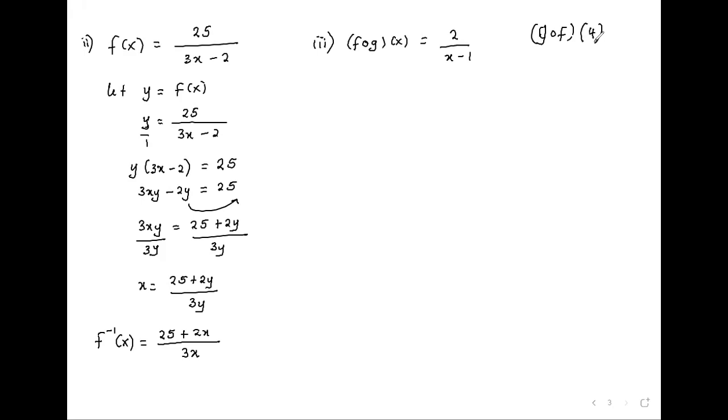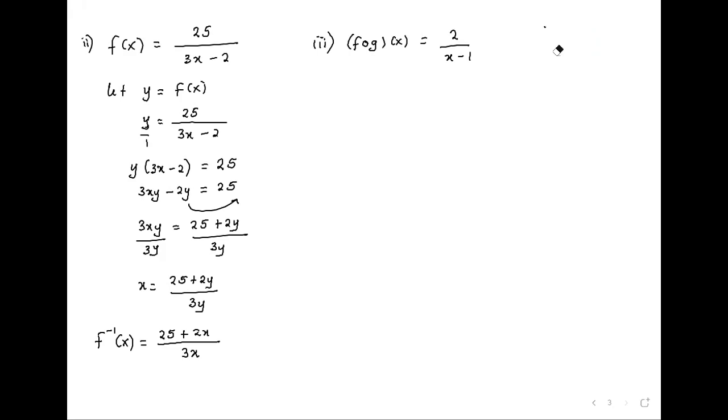You have two ways. You first find g of f, then substitute 4. Or you substitute 4 in f, then substitute that number in g. And that was so many marks. Wasn't it 4 marks? Yeah, 4 marks. This should be a bonus because I just asked you to substitute a number 4 in the given function.